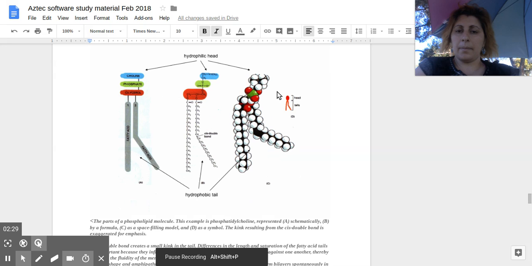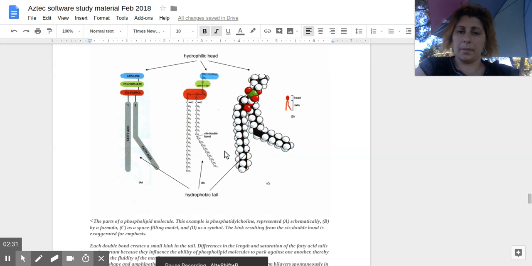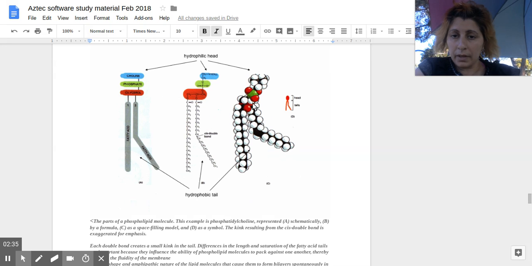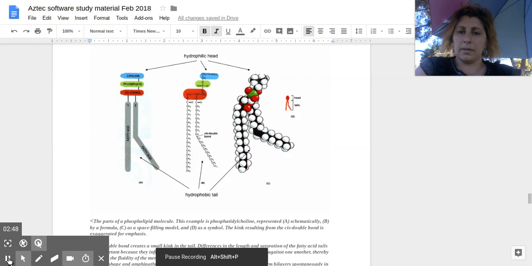So this is what the diagram looks like. You have oxygens shown in red, and the phosphate in green. So this is what the phospholipid molecule looks like: the polar head group and the nonpolar tail.